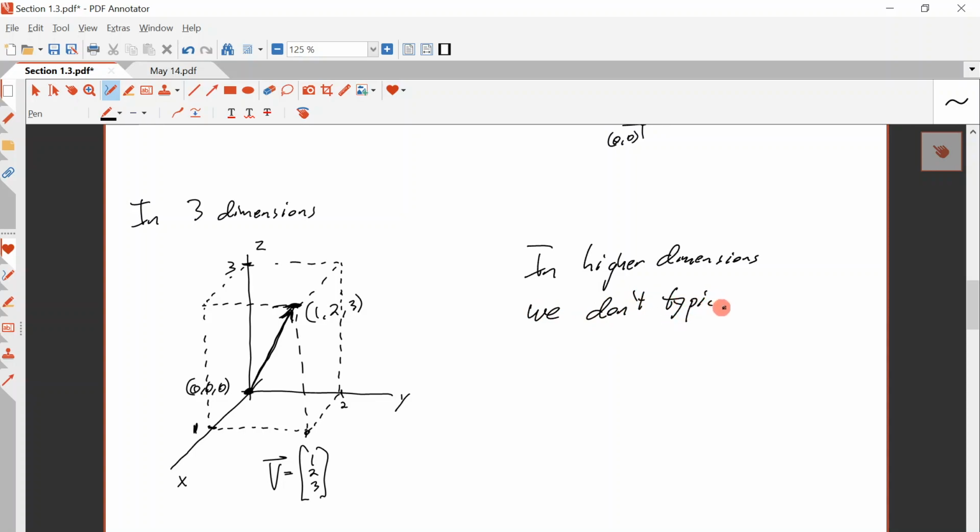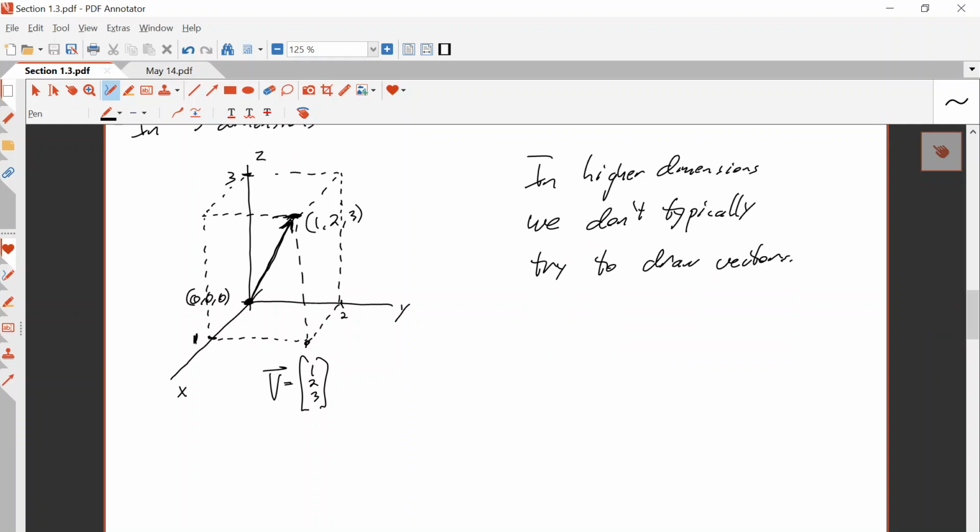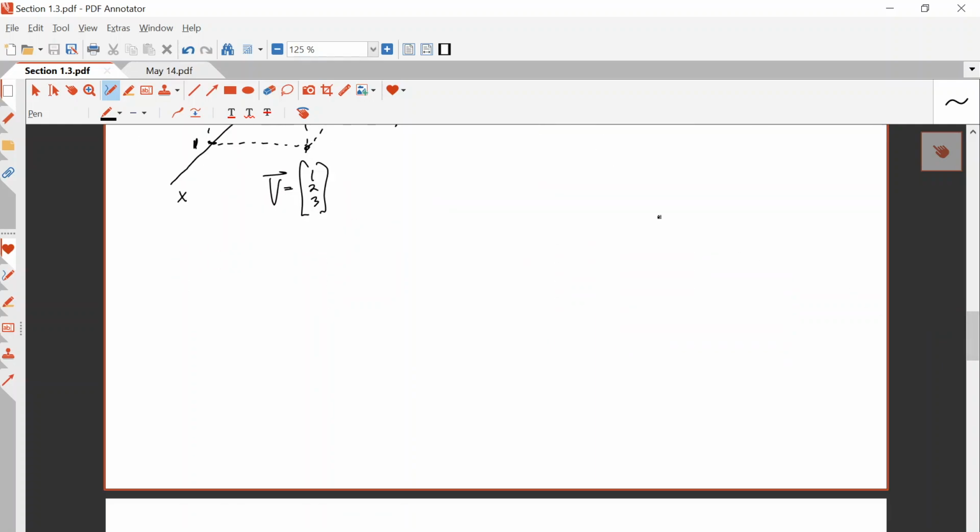Depends what subject you're looking at, but going up to 4 dimensions is definitely a stretch of the mind. Going into higher than that becomes even worse.